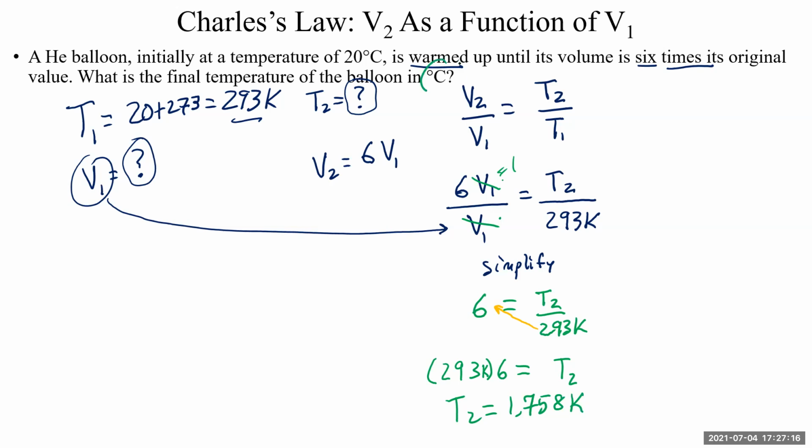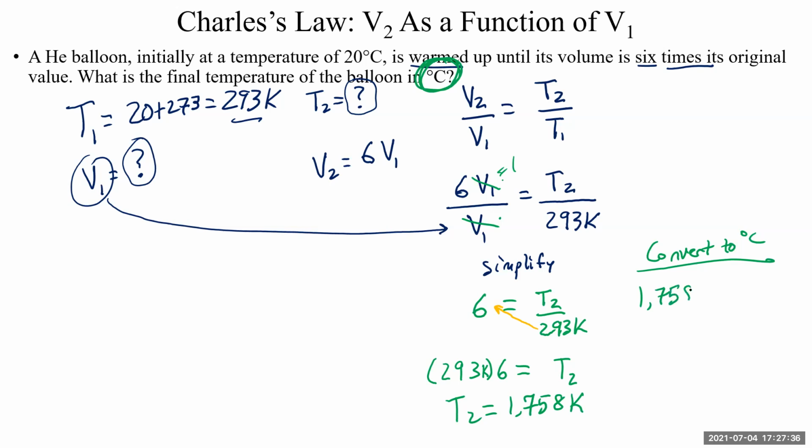Now, of course, we still want our temperature in Celsius. So let's convert. Remember, you don't plug in Celsius. If you need Celsius, convert your temperature after you're done with the gas laws.